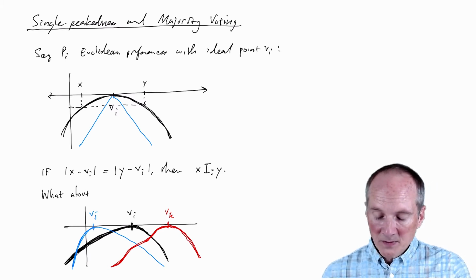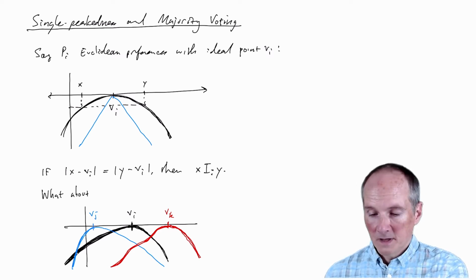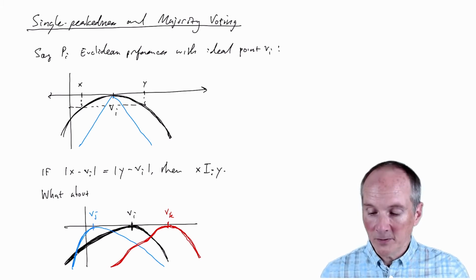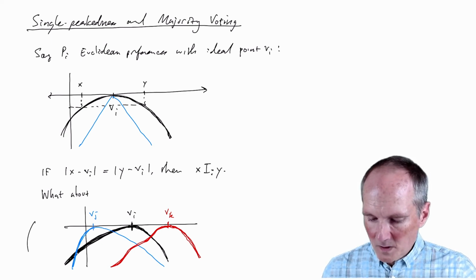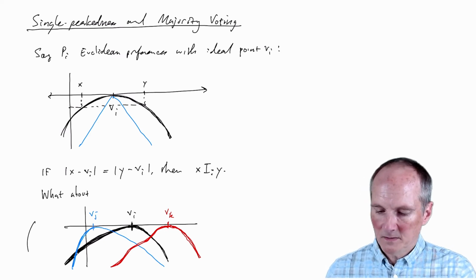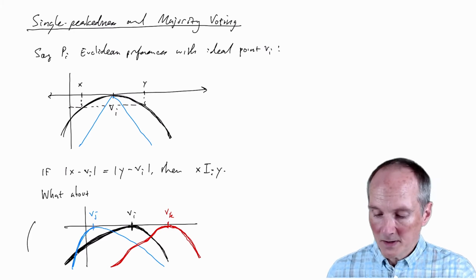And as we push policy to one side, it makes the voter worse off. If we push policy to the other side, it also makes the voter worse off, but possibly not in a symmetric way. Okay, so these utility functions that I've drawn down here represent preferences that we're going to call single-peaked, but they are not Euclidean.